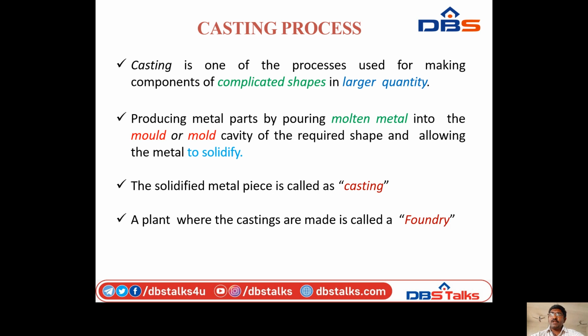Casting is a process used for making components of complicated shapes in larger quantity. Another definition: metal casting is a process of forming metallic objects by melting metal and pouring it into the mold cavity to get the required shape, using solidification.